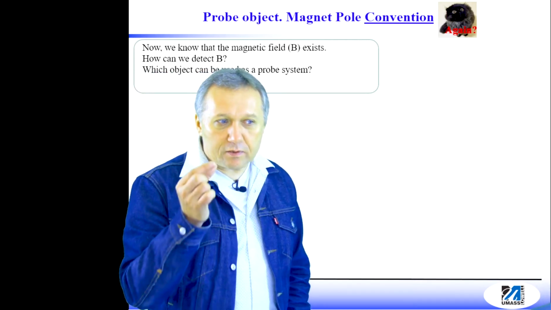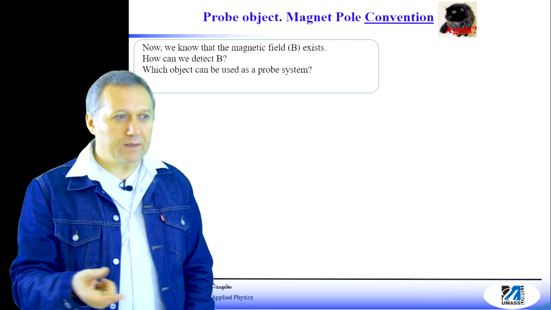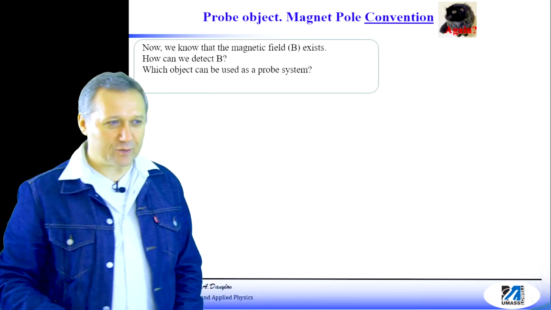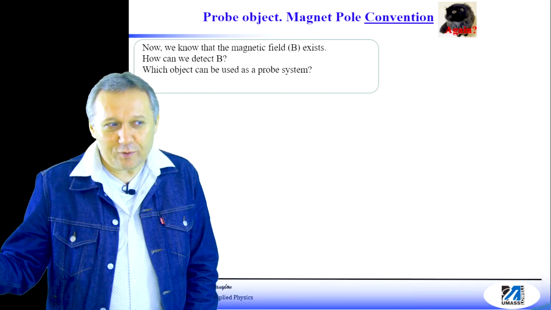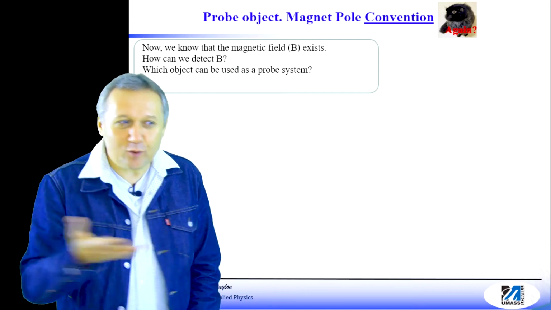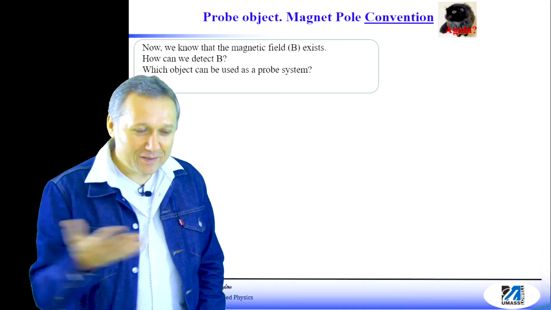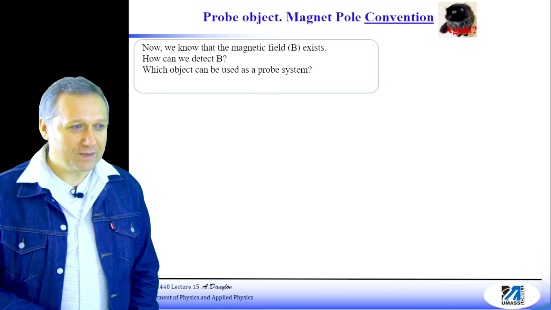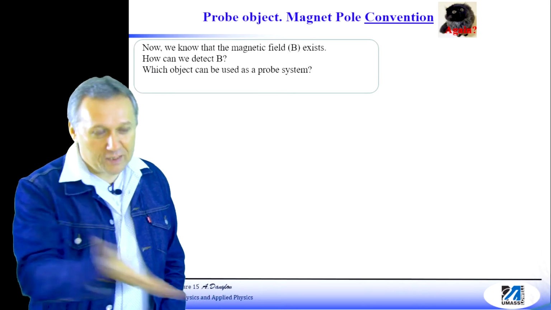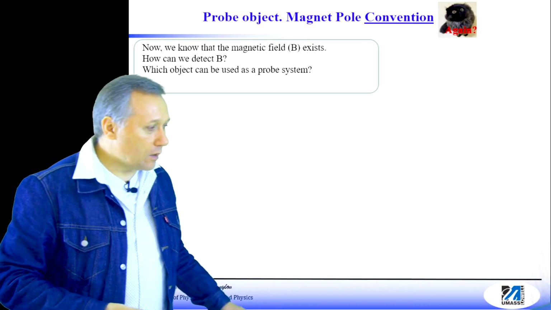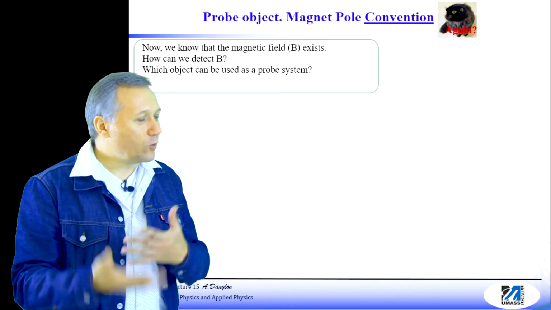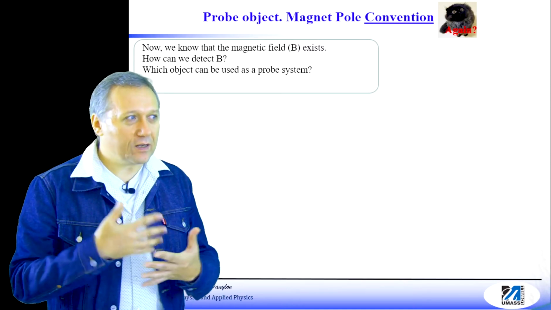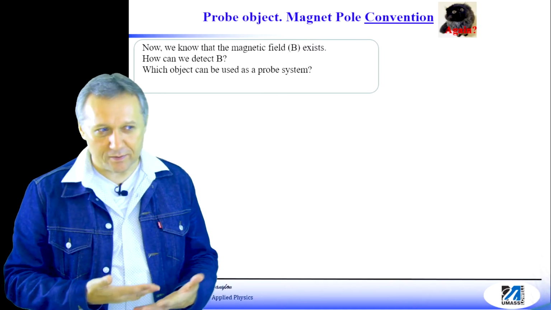What about a small permanent magnet? It responds to the presence of the magnetic field. It's small, and what else do you want? It's simple. What is simpler? Because there are no magnetic monopoles, it must be some permanent magnet. So let's use that. Where do we usually see a small permanent magnet?